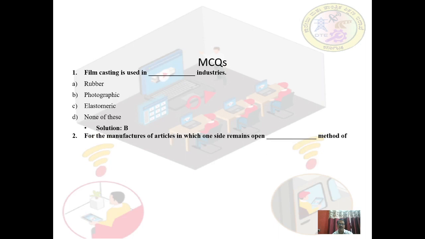For the manufacture of articles in which one side remains open, dash method of molding is used. Options are A, casting, option B, coating, option C, dipping, option D, foaming. Right answer is option C, that is dipping method.